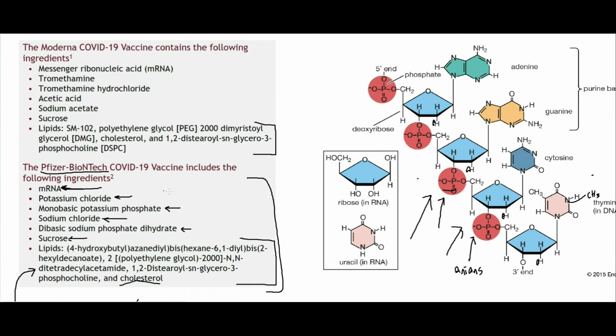And like I said, these four things here are just essentially salts and pH buffers. Those, and things like potassium chloride and sodium phosphate, are all things that are found in human blood already anyway.